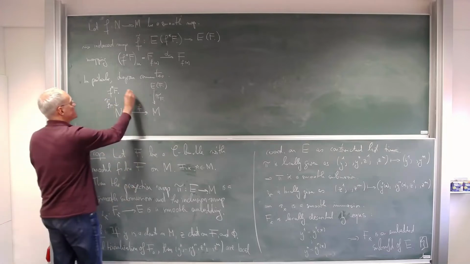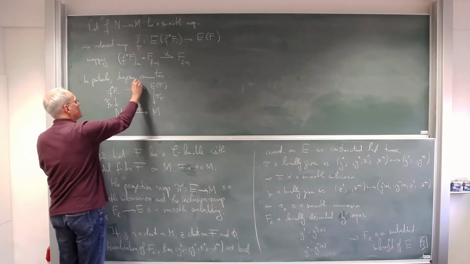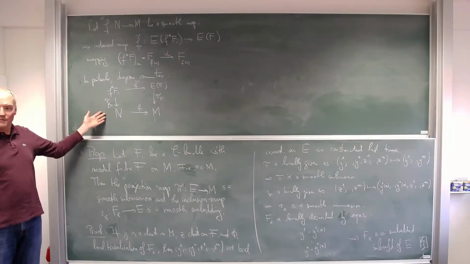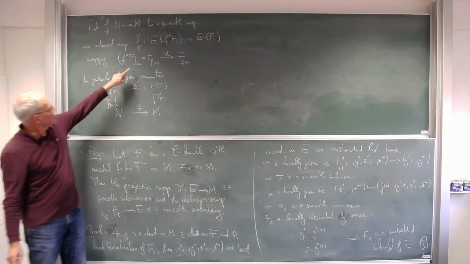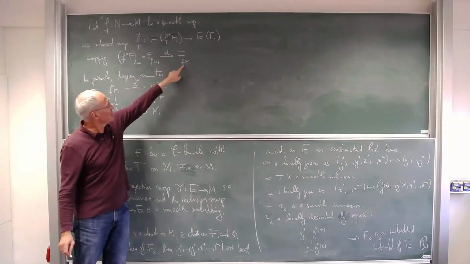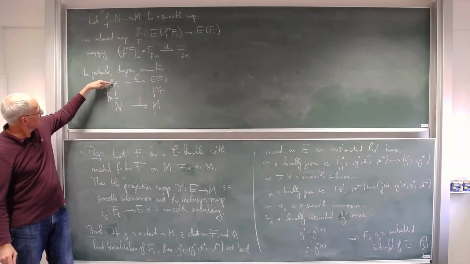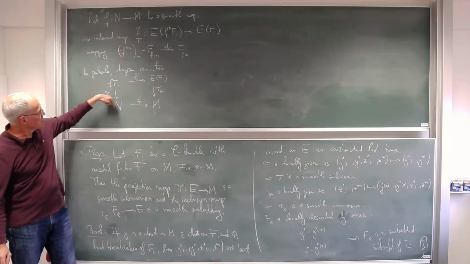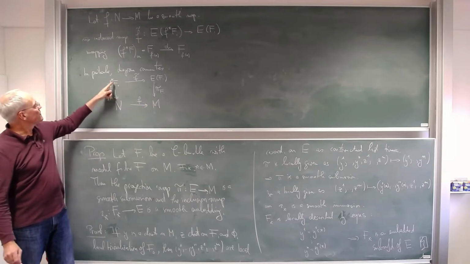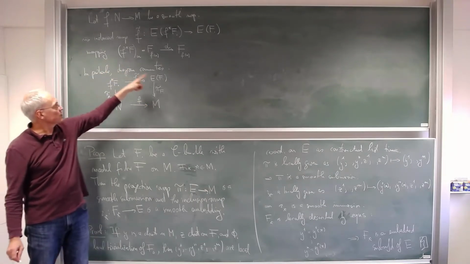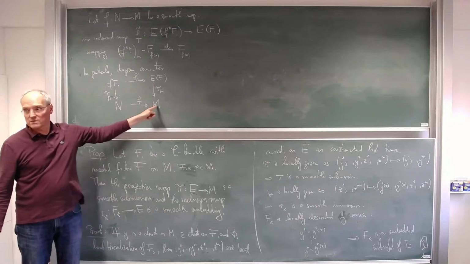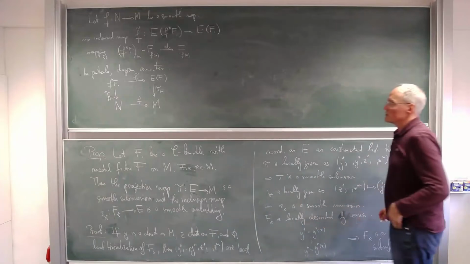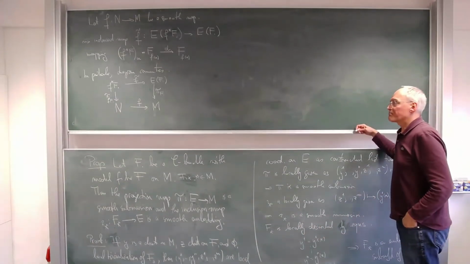And now we have constructed a map on the total spaces. In fact, this diagram commutes, because a fiber over u is mapped to the fiber over F of u. That means if I'm in the fiber of u and I go down here, then I'm over u, and then I'm mapped to F of u. And this map F tilde that I've constructed takes that fiber to the fiber over F of u, which gets mapped to F of u. So obviously, by construction, this is a commutative diagram.